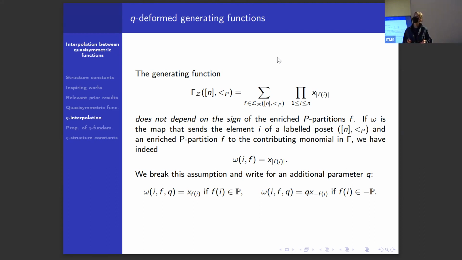So our idea is to break this assumption and make monomials depend on the signs of the P-partition f by multiplying the resultant monomial by an additional parameter q whenever the value of f is negative.